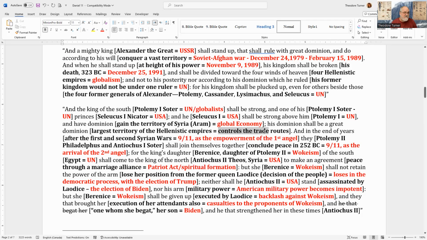So the United States has this global economy and it controls the trade routes. So it's military. The main reason why the United States is patrolling the seas and all of these things is so that goods can get transported from one country to another. Without the United States doing this, many countries would have no way to transport their goods.